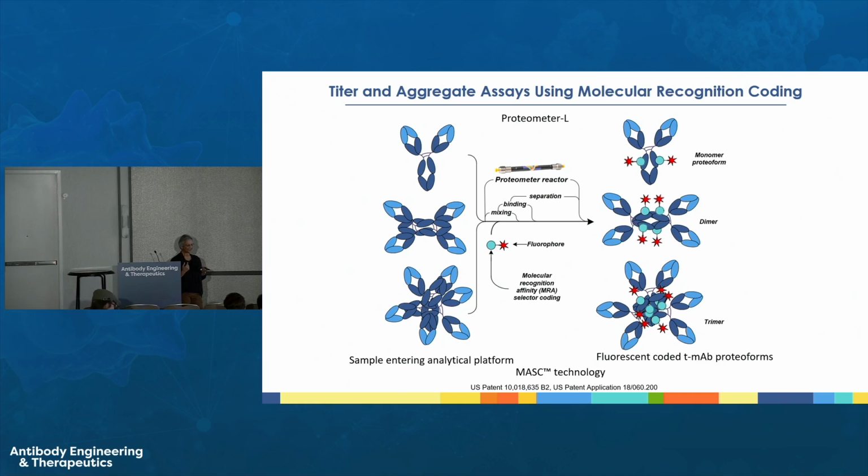The mobile phase contains the molecular recognition agent, and the reactor, the column, does both mixing of the analyte with the molecular recognition agent, which facilitates the binding reaction. It also has a separation component. So you can separate by size the monomer, dimer, and trimer, the aggregates. So you can get both the titer and the aggregate content. Aggregate content is a very important quality attribute because aggregates are generally immunogenic, and you don't want them.